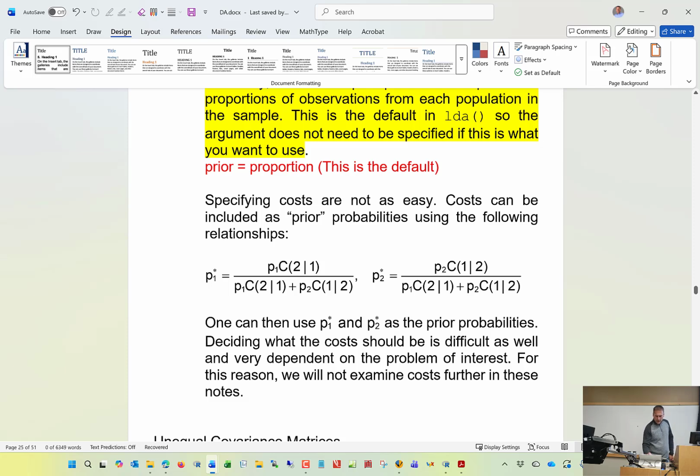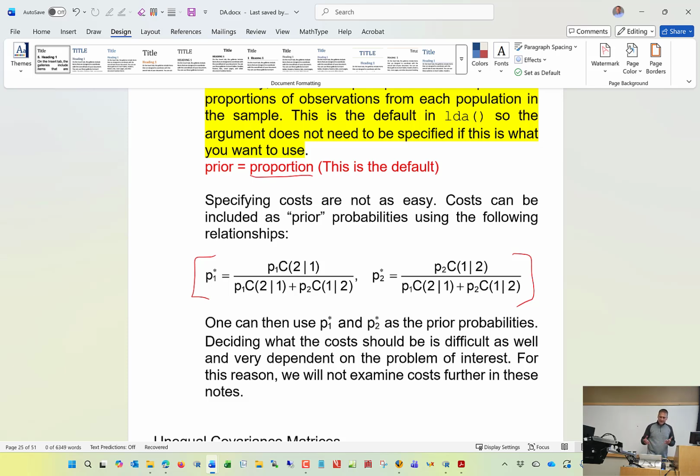The actual formal argument value is called proportion. But again, that's the default. Now, if we wanted to, we could also use this prior argument to help us get the costs in there as well.